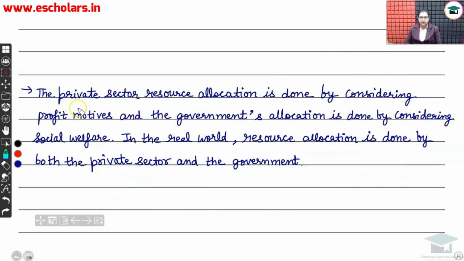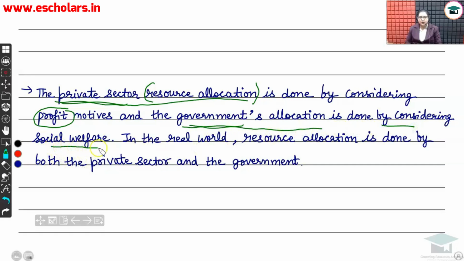Now further we have, see students, in an economy, the resource allocation is done by both the private sector and the public sector, that is government. But the aim behind the resource allocation done by the private sector and government sector is different. Private sector resource allocation is done by considering the profit motive, right? But government's allocation of resources is done by considering the social welfare.